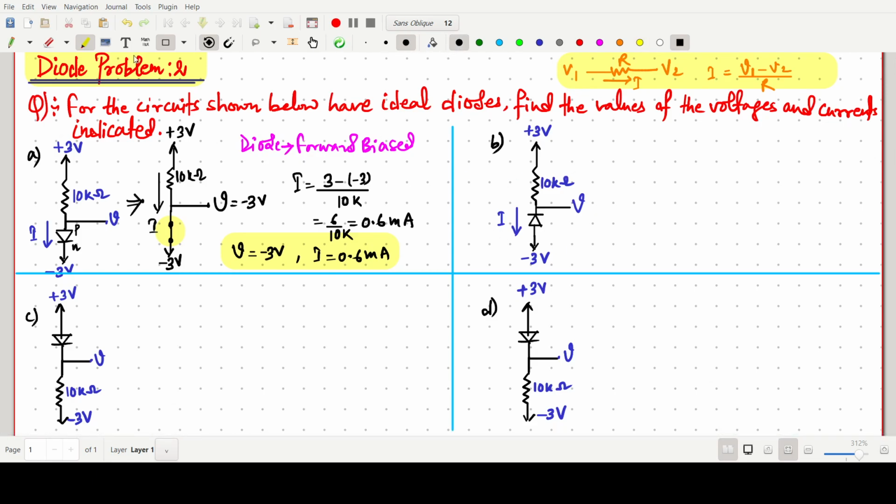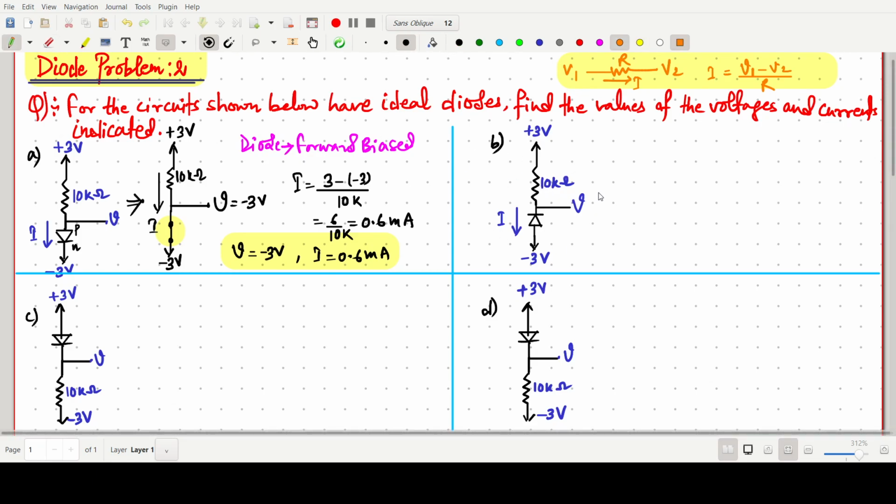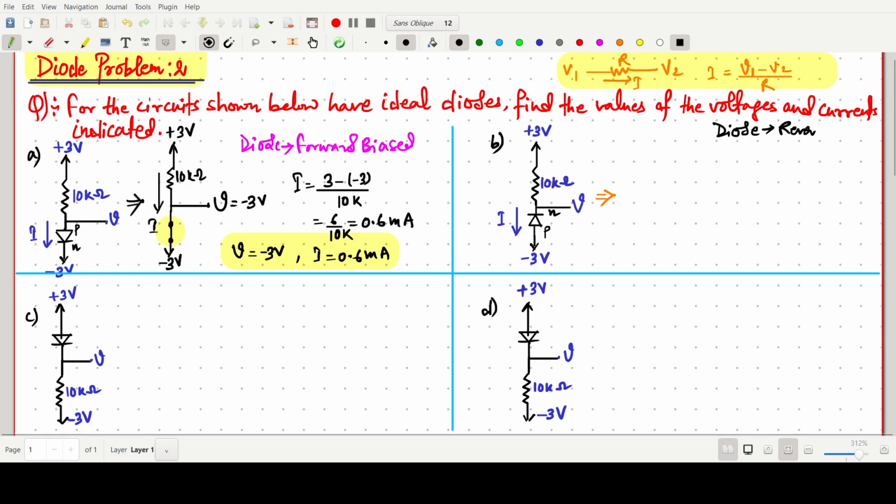So the second problem is also very simple. So in this case what we have to do, again this one is P and this one is N. So P is connected to negative, so it is reverse bias. So the diode is in reverse bias, okay. So just we have to redraw the circuit.